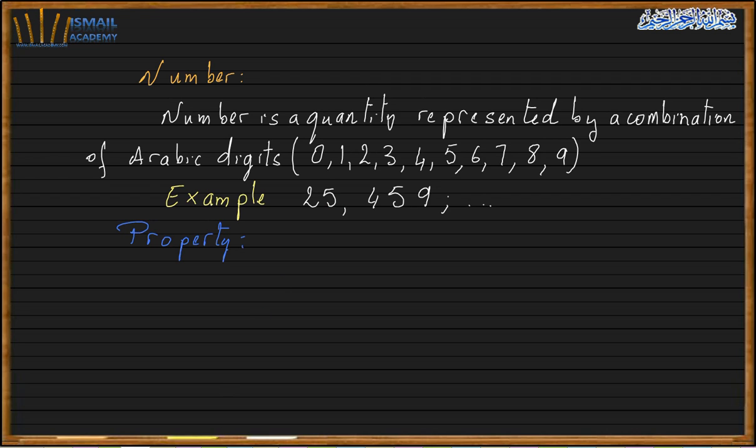This is a very important property, so that each digit holds a distinct quantity.